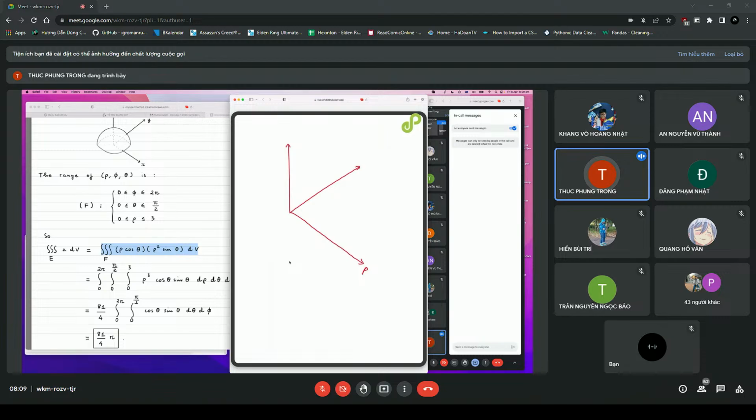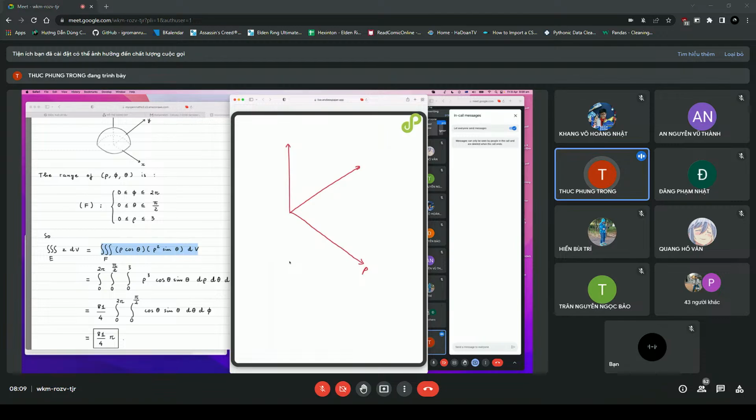In this example we have 0 to 3 for rho. For theta we have from 0 to pi over 2. And right here we have 0 to 2 pi. Sorry, it should be 0 right here. Just so you get the idea, maybe it's not a nice picture. All right, so this is a rectangular domain, right?